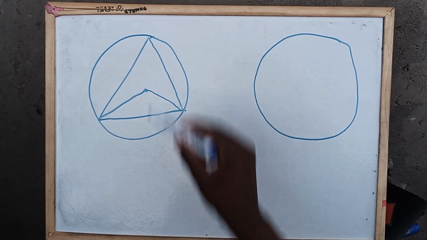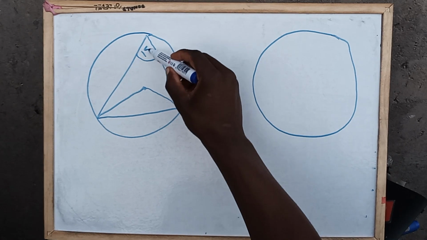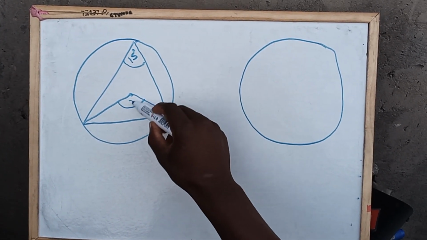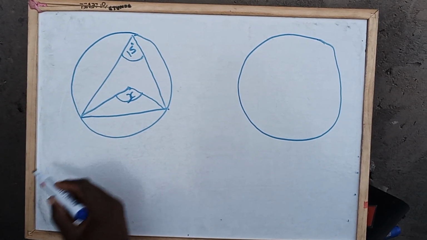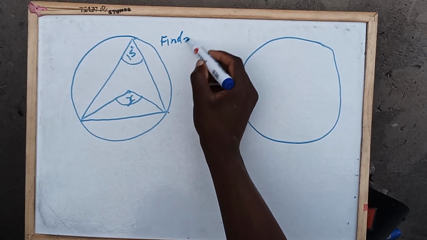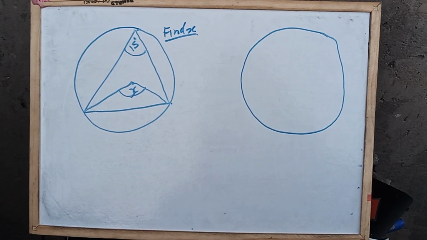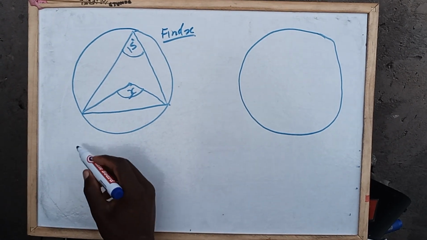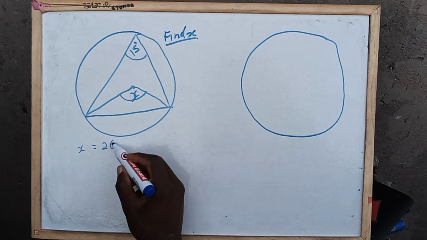In this case, we have this angle here as 15 degrees. Then here we have x, and the person wants us to find x. But the theory says the angle at the circumference is twice the angle at the center.